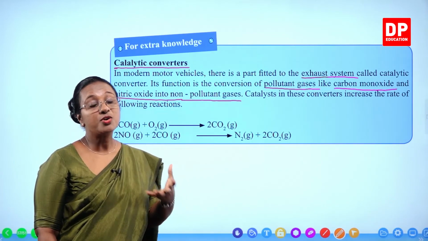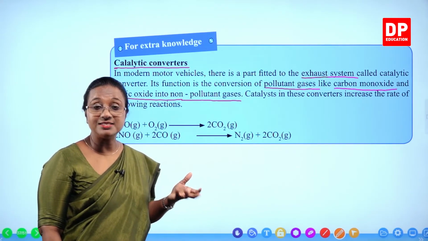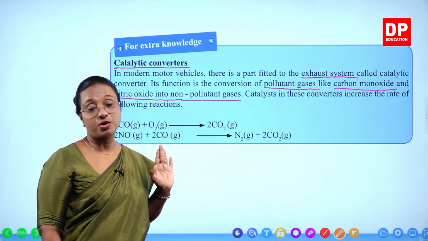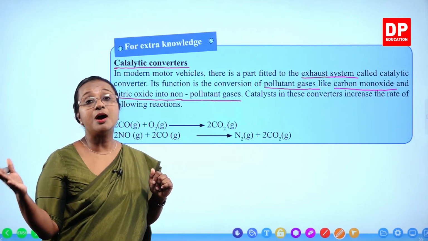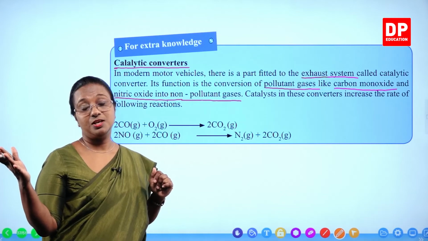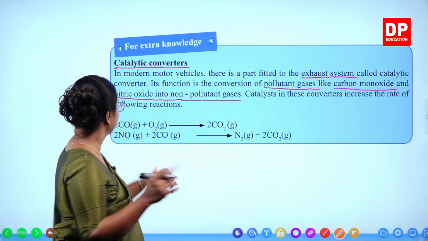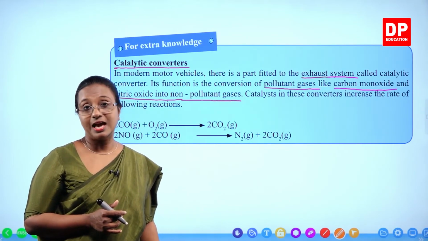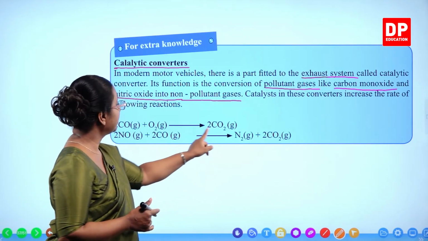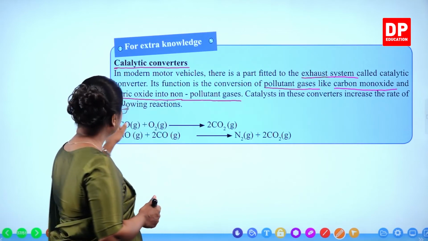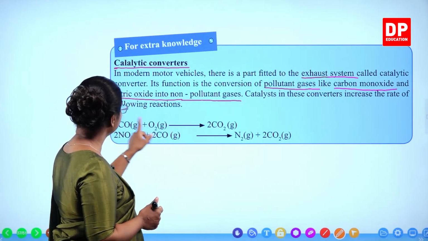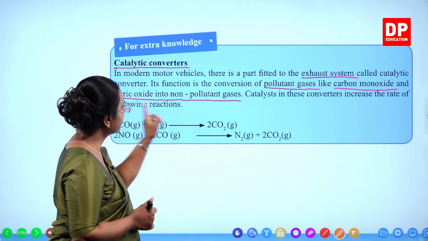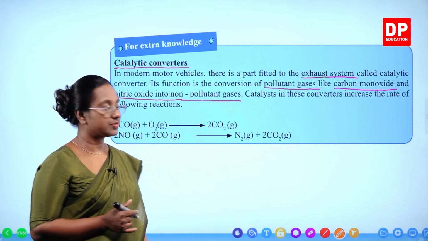Now carbon dioxide, you know, is a greenhouse gas, but compared to carbon monoxide, it is not toxic because we do have carbon dioxide in the environment. So this is a pollutant gas, this is a non-pollutant gas. The catalyst in the catalytic converter converts carbon monoxide to carbon dioxide.